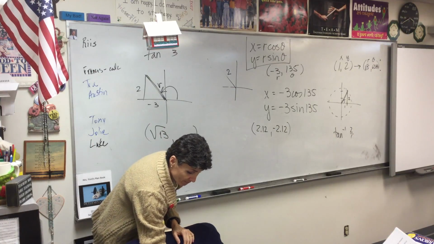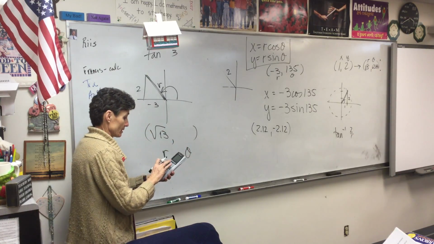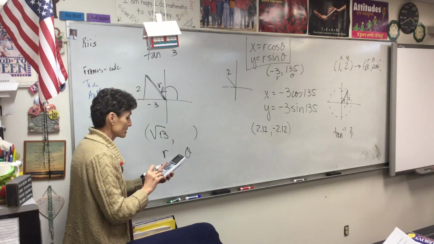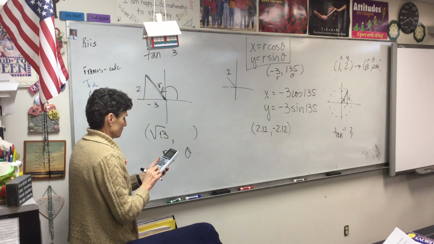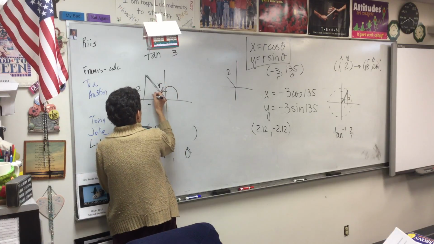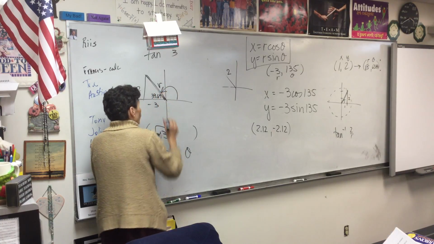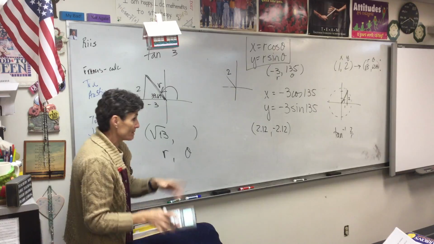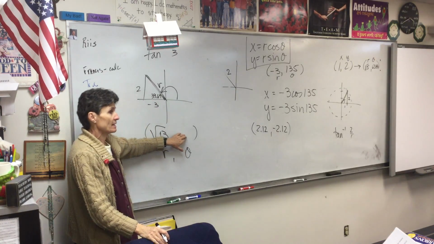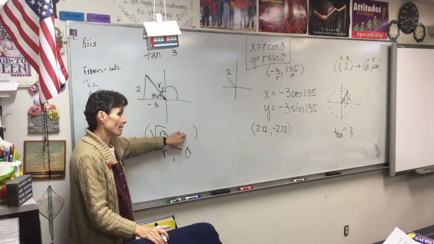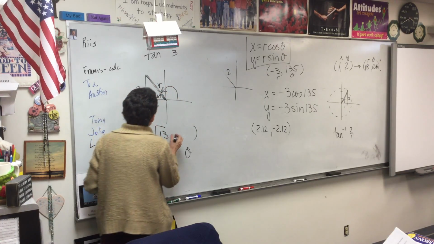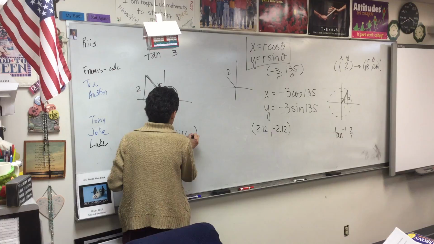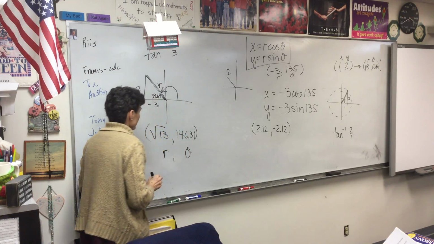And then once we find that, inverse tangent, 2/3. I got 33.69. Once we find that angle, be careful, that is not theta. How do we get theta? 180 minus that? So what is that? 146.31. I'll check my arithmetic.